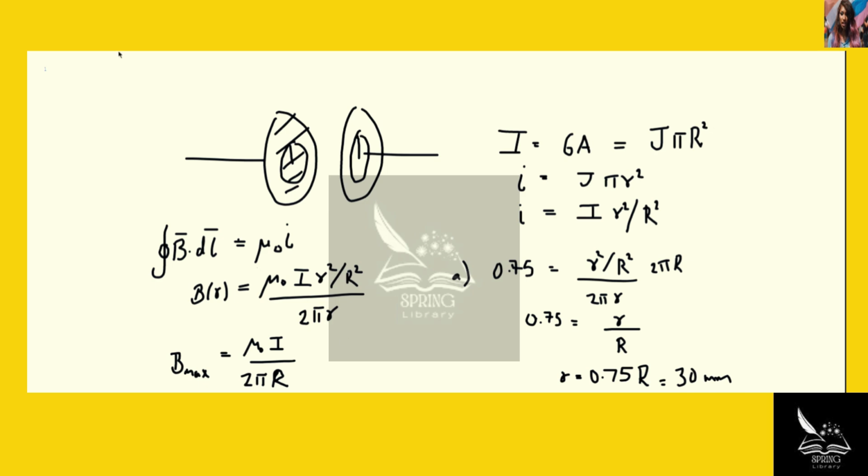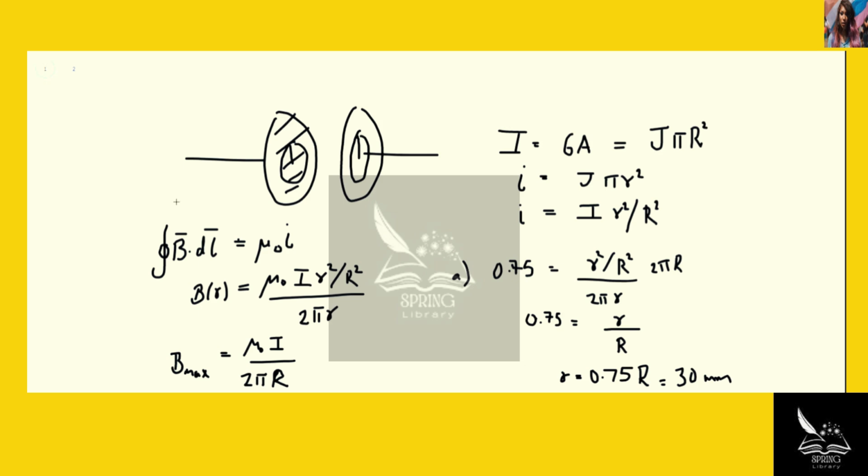Now we look at the second case. Again we need the 75%, but this time it will be outside. We need to take care of one thing here: this factor remains the same because it's the maximum value, while this changes. As r increases, the current cannot actually increase.